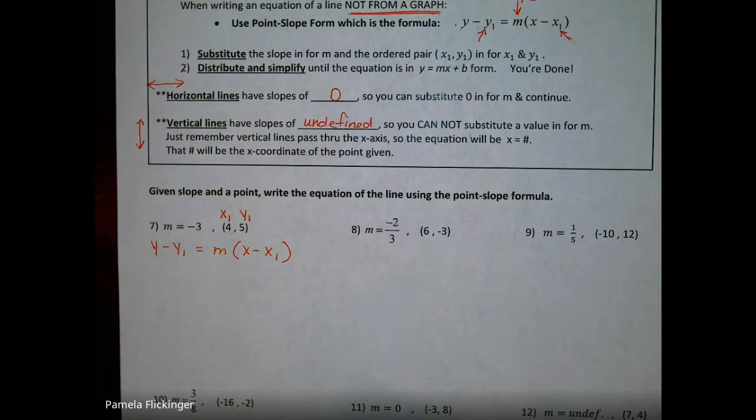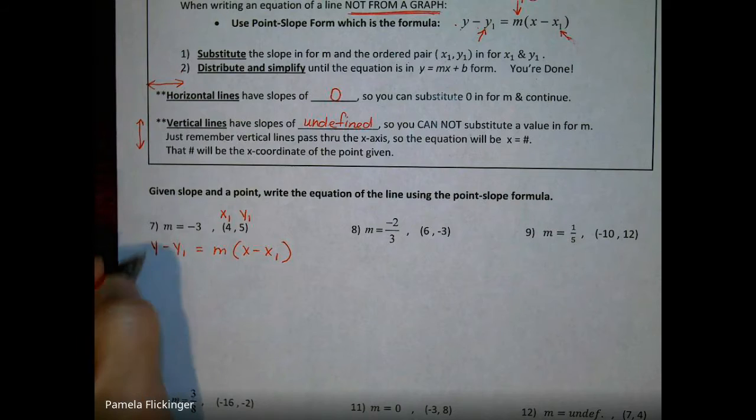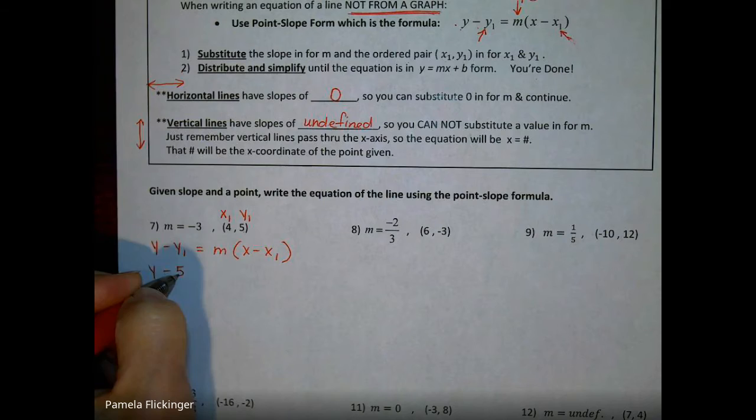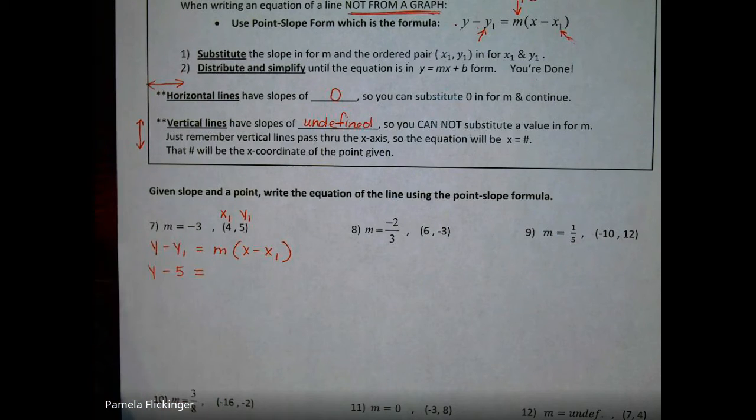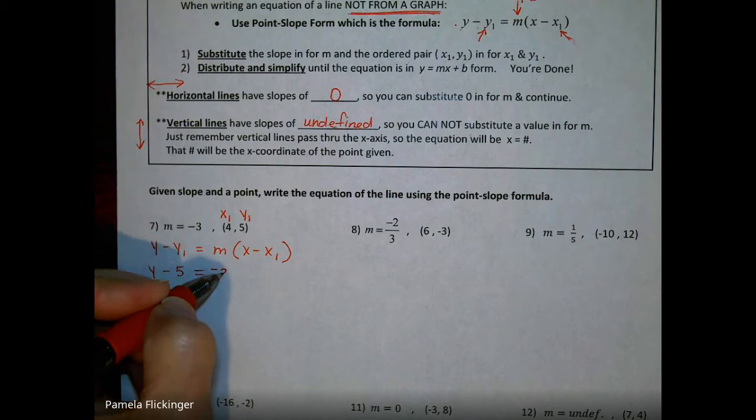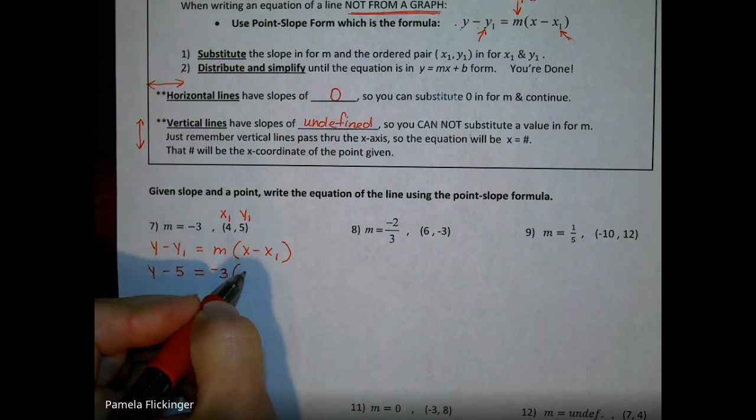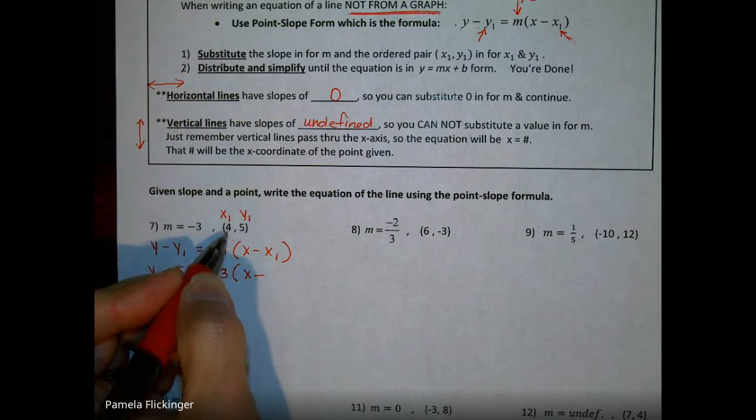If you need to write it each time to help you remember it, that's fine. So y minus 5 equals, I'm going to put the -3 in for m, and then x minus, and my x1 is 4.